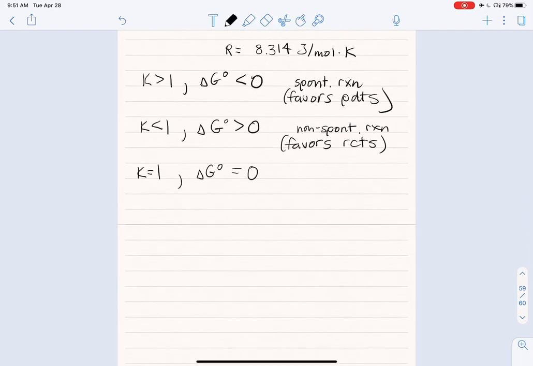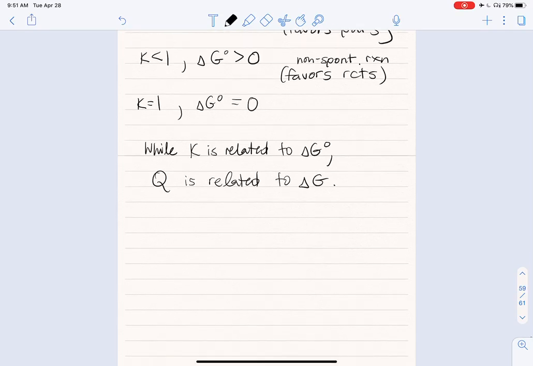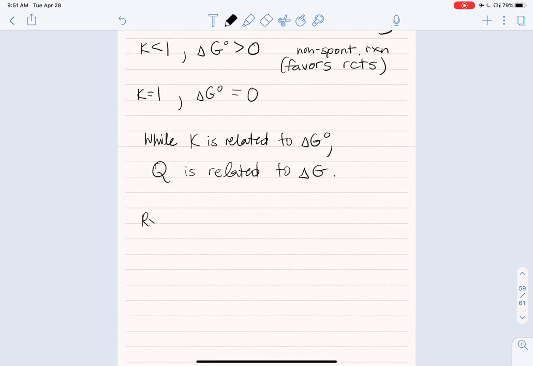So we can also say that while K is related to delta G naught, Q is just K, but not at equilibrium. So you may remember that from chapter 15. Q is related to delta G without the naught. So Q is the reaction quotient. Basically, it's like K, but with non-equilibrium concentrations.